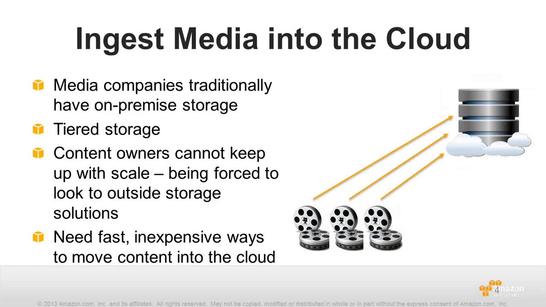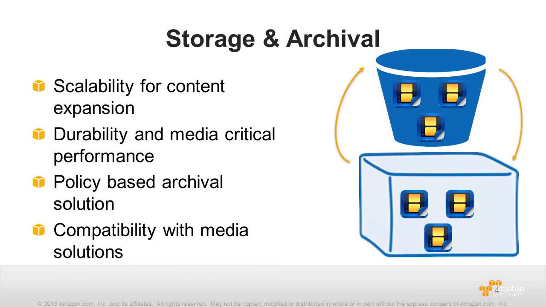There's always a Direct Connect option, or a direct fiber connection with the AWS cloud, and there is also the old school shipping hard drives to your cloud provider. So lots of options available today in terms of moving all of that content that you have into the cloud.